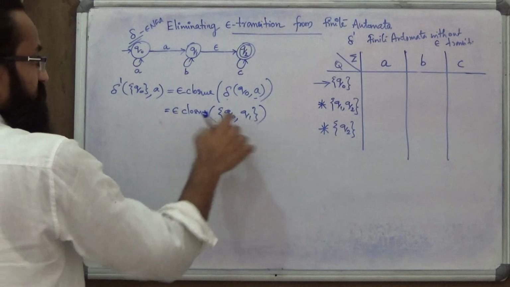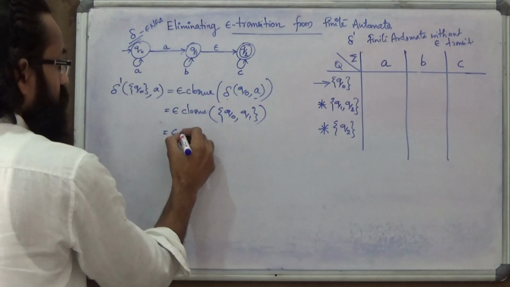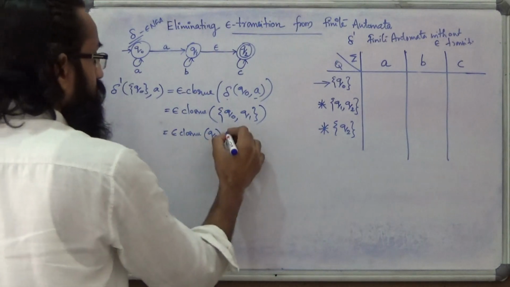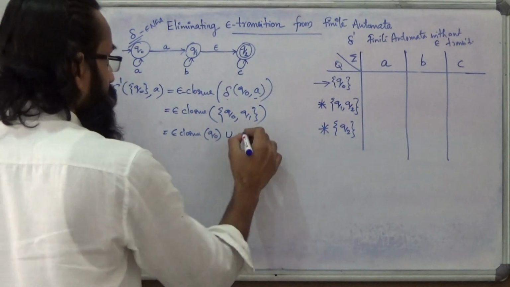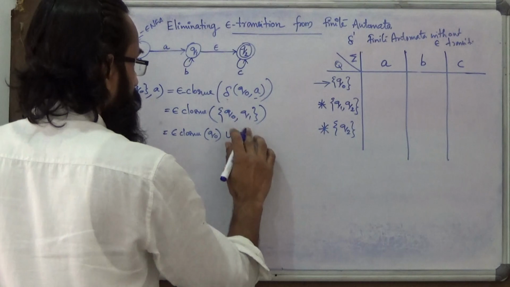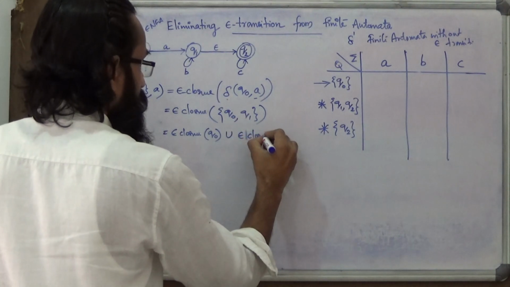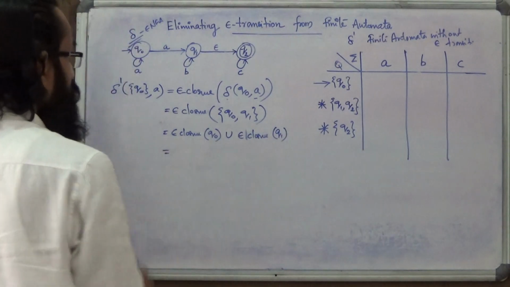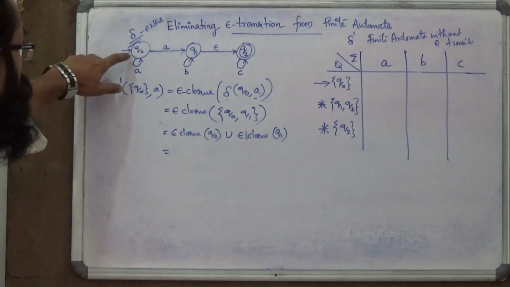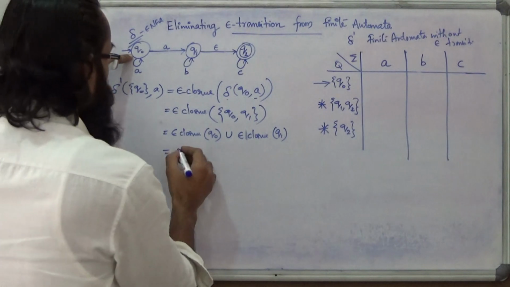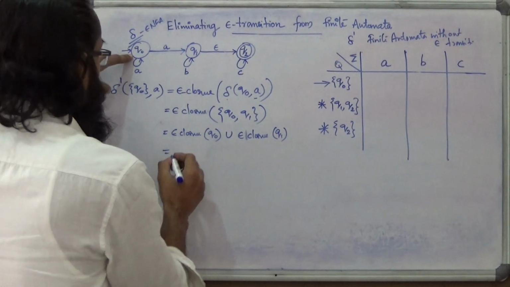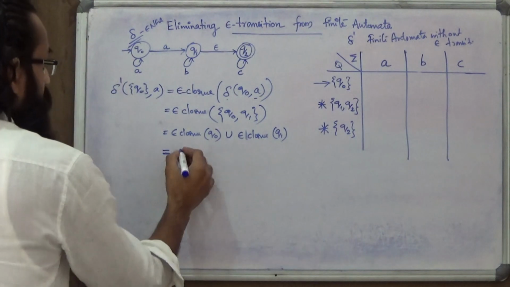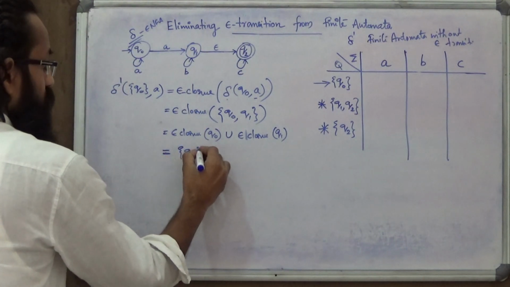So how will you expand this? This will be equal to epsilon closure of Q0 union epsilon closure of Q1. What is epsilon closure of Q0? Epsilon closure of Q0 is the set Q0.